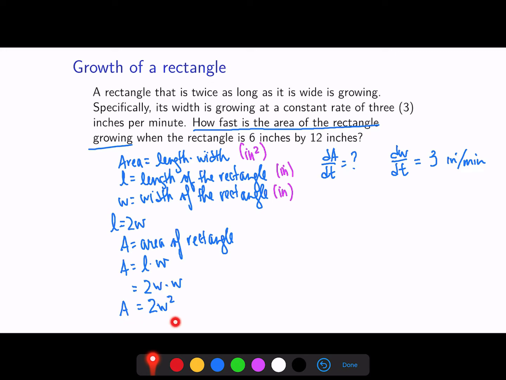Here we have an equation that relates area and width. Now we can differentiate. So we're going to differentiate implicitly. Differentiating both sides, the left side gives us dA/dt, and the right side gives us 2 times 2w dw/dt.